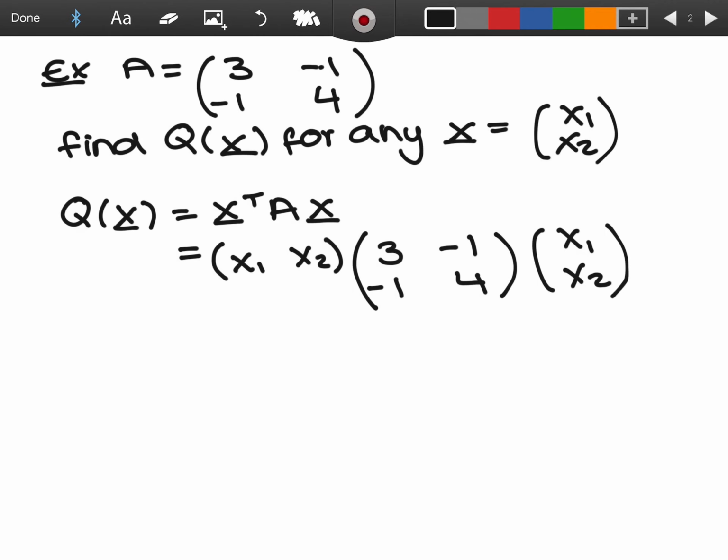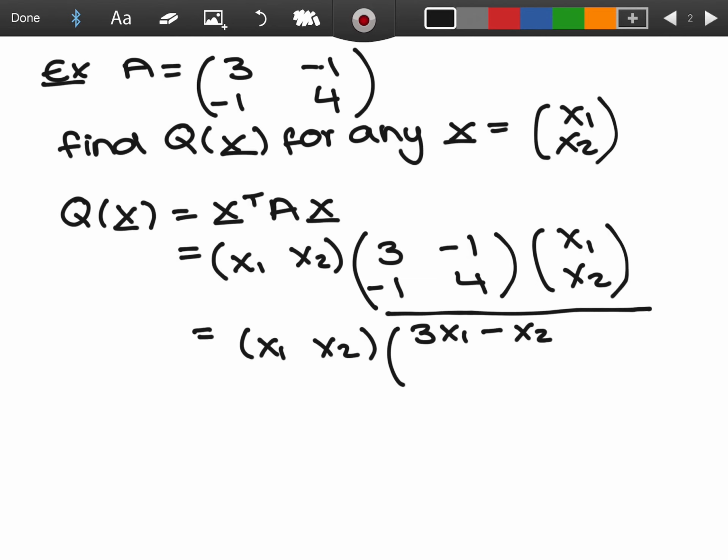Okay. If I multiply all of this out, we'll start with this part of the equation. I'm going to get x1, x2. And then my first row, remember I do row times column. So the first row of this vector is going to be 3x1 minus x2. And my second row is going to be negative x1 plus 4x2. Okay. Then I've got a row vector times a column vector. Remember when you do matrix and vector multiplication like this, I can do row times column.